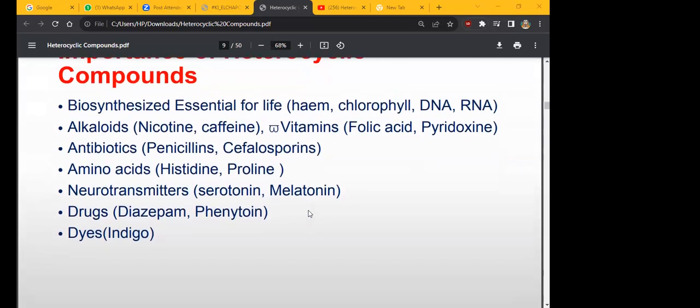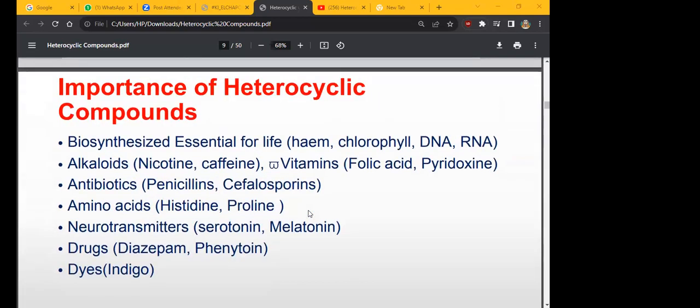So, the importance of heterocyclic compounds. They're present in different structures and are essential for life. I think this is hemoglobin, if I'm not wrong. Chlorophyll, DNA, RNA, you'll find them everywhere, in alkaloids and antibiotics. In penicillins, you find beta-lactam rings. Cephalosporins are also the same.